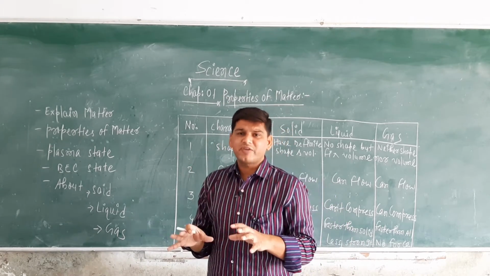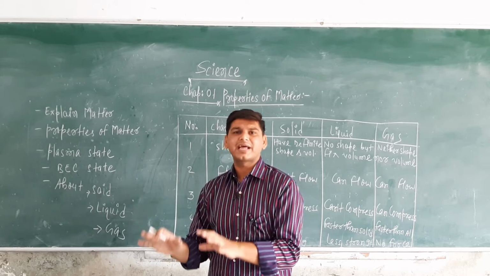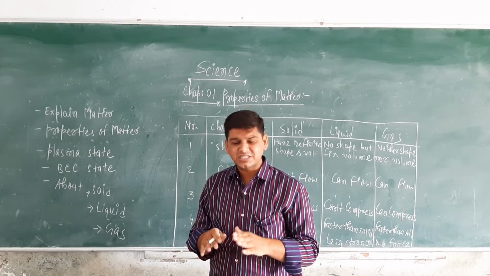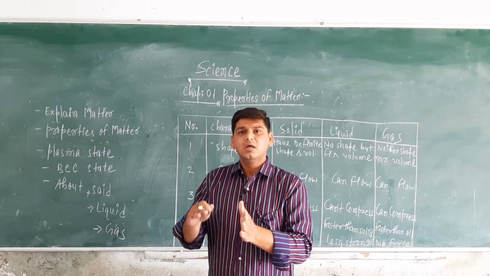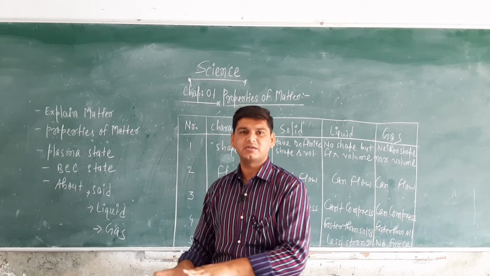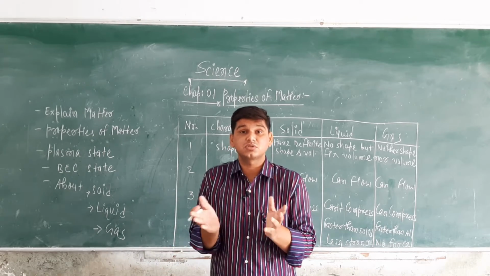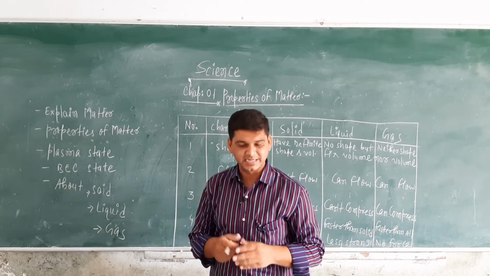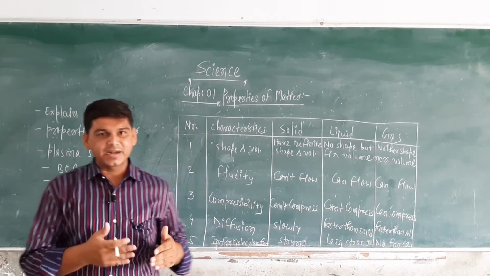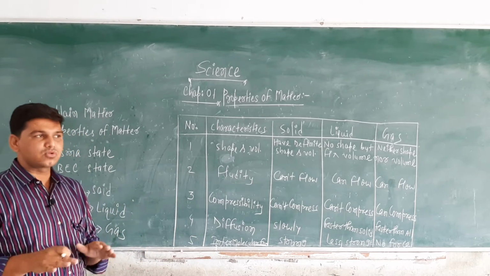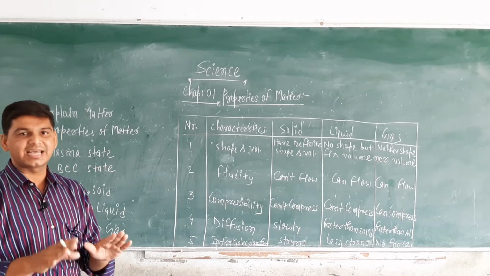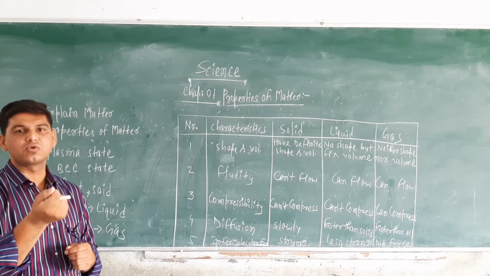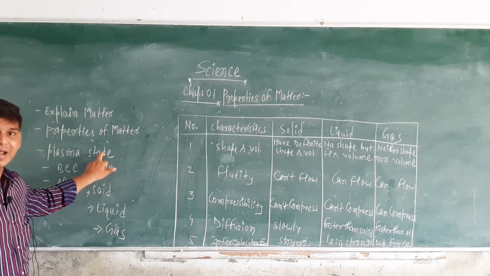When the temperature of air is converted from normal to an extremely low temperature, 100 or 1000 times lower, it becomes super cool, and this is known as BEC, the Bose-Einstein condensate state. While plasma is what?